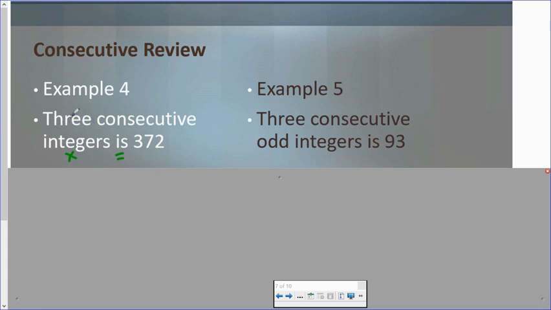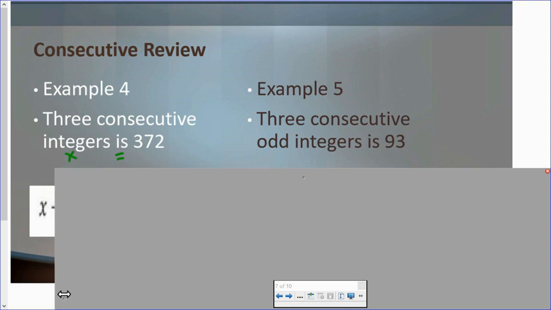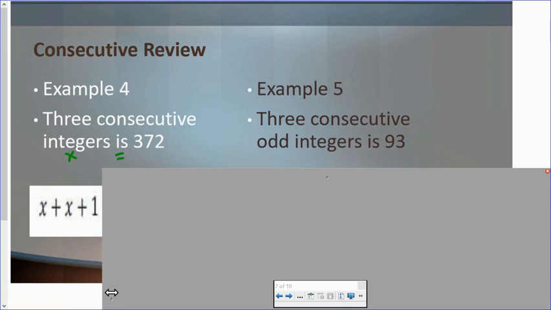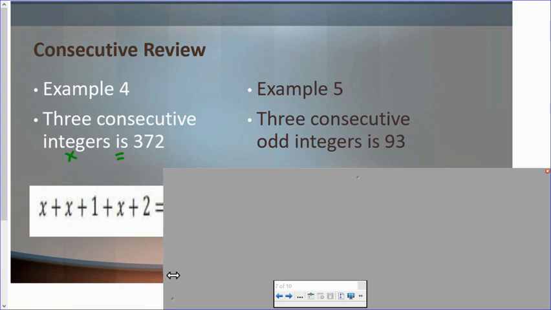So all of these 3 consecutive integers are going to equal 376. So the way that it's written, here's my first integer plus my second integer, and then plus my third integer. And that is going to equal 376.